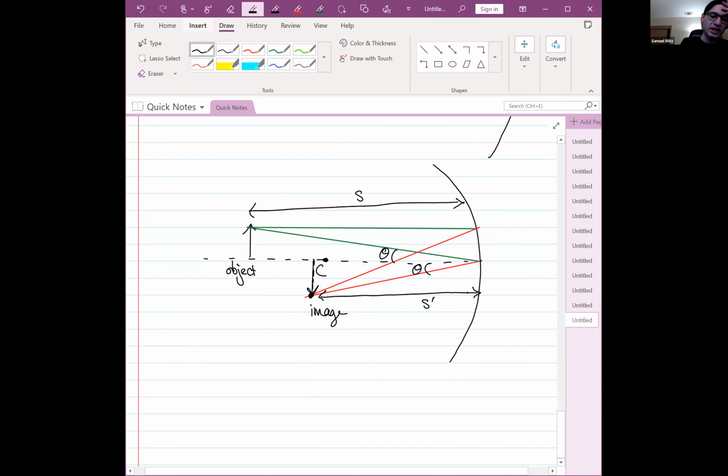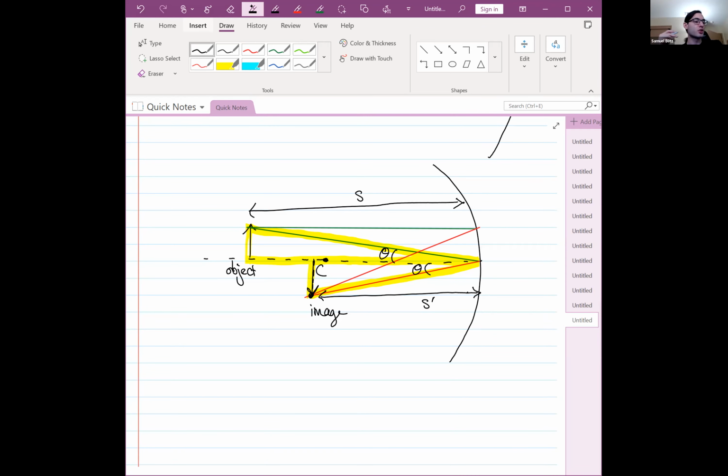If we look at these triangles, I will highlight them. We see that those triangles are similar. They have the same angle. They have the same 3 internal angles, because one of them is a right angle, one of them is theta, and the other one has to be the same.